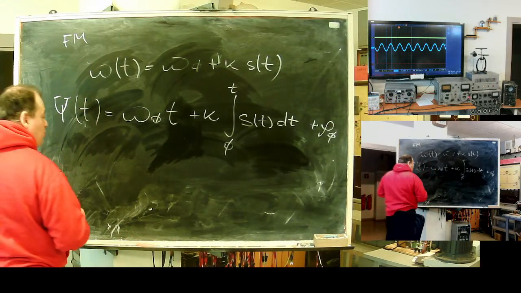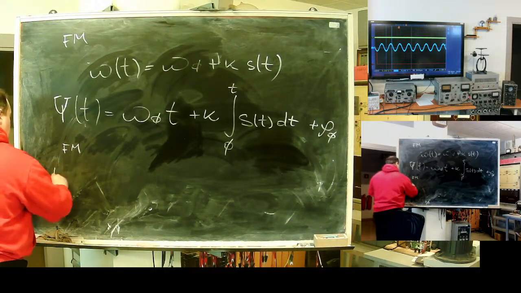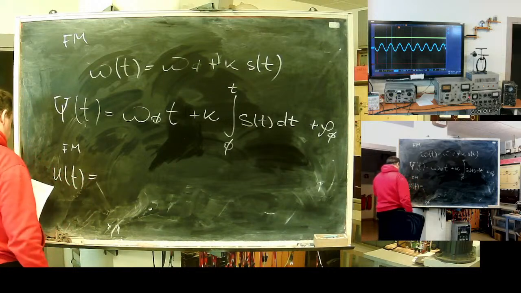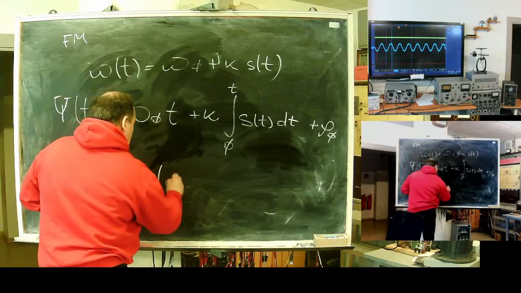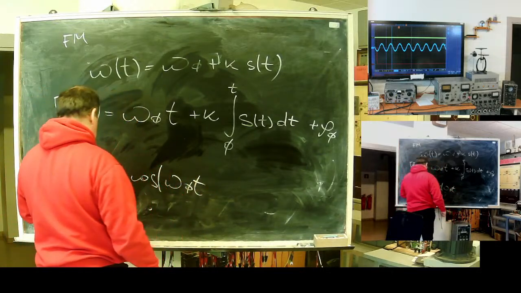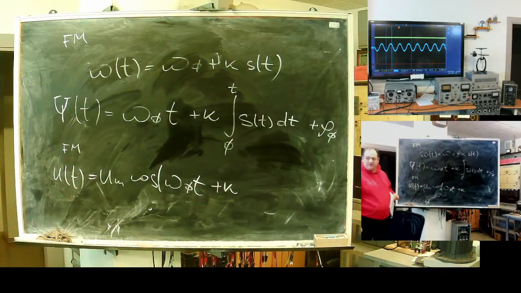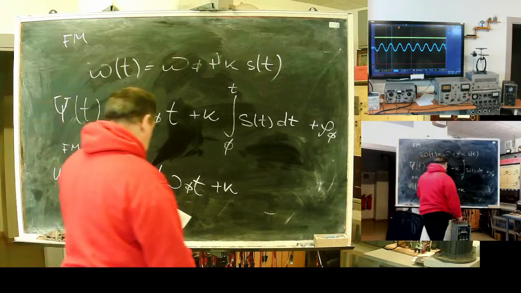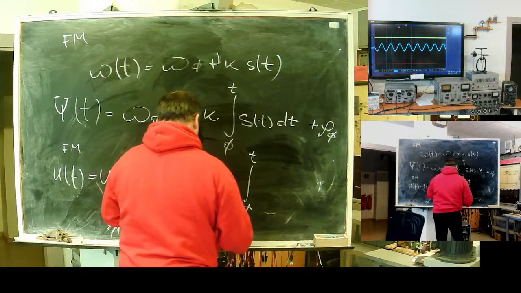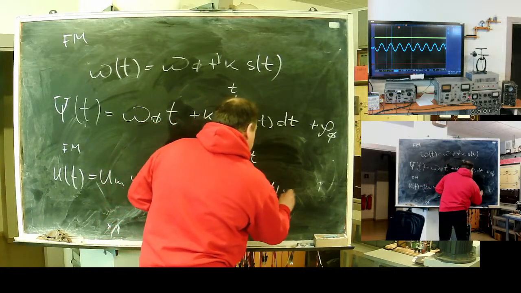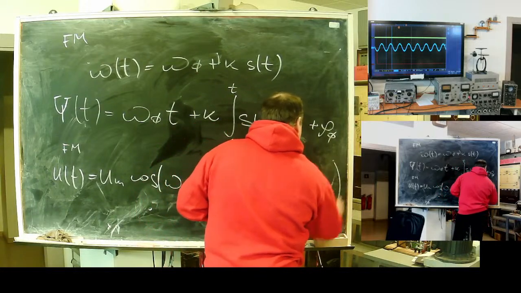And I'm able to write the equation for, again, the FM signal as O maximum cosine omega 0 time plus K, which is modulation depth, integral from 0 to time of s, plus phi 0.